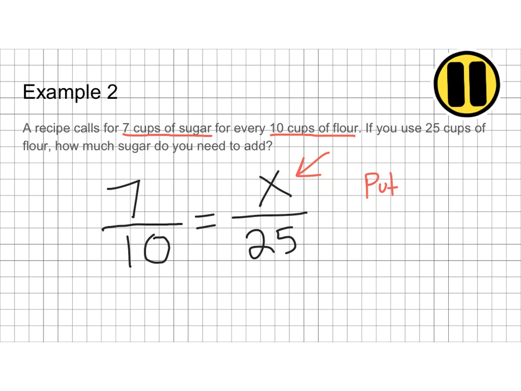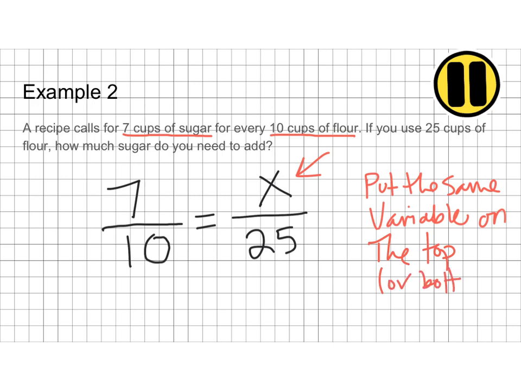So put the same variable, same units, on the top or bottom. So if flour's on the top, then flour needs to stay on the top for both. All right, so now let's solve it.